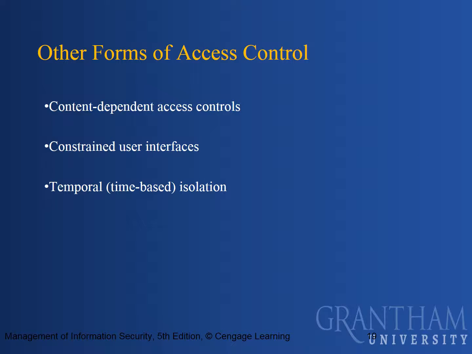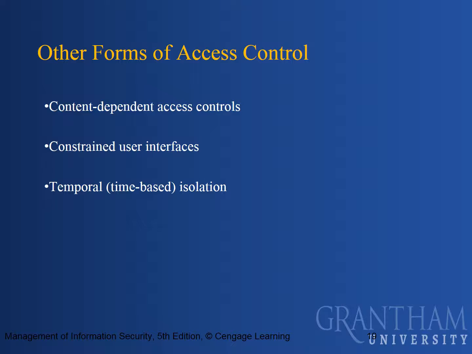There are other forms of access controls, such as content-dependent access controls. As the name suggests, access to specific sets of information is provided, but is dependent upon the contents. An example, accounting information for the accounting department. Constrained user interfaces. Some systems are defined specifically to restrict what information an individual user can access.